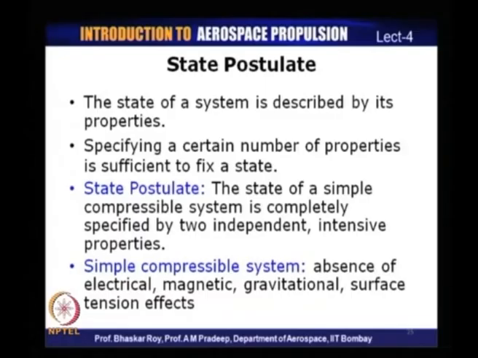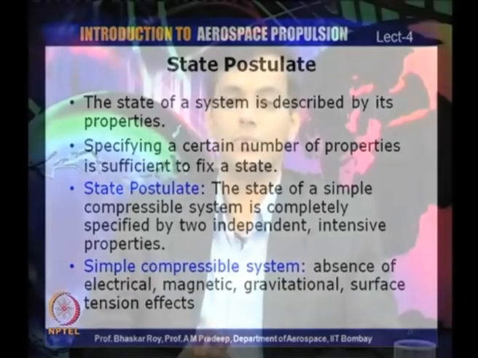So, according to the state postulate, for such a system, which is basically a simple compressible system, it is possible to completely define it by specifying just two properties which are independent and which are intensive. So, we have already seen what intensive properties are.